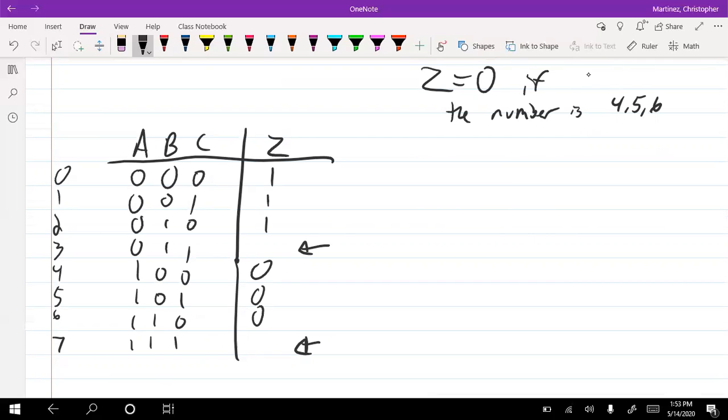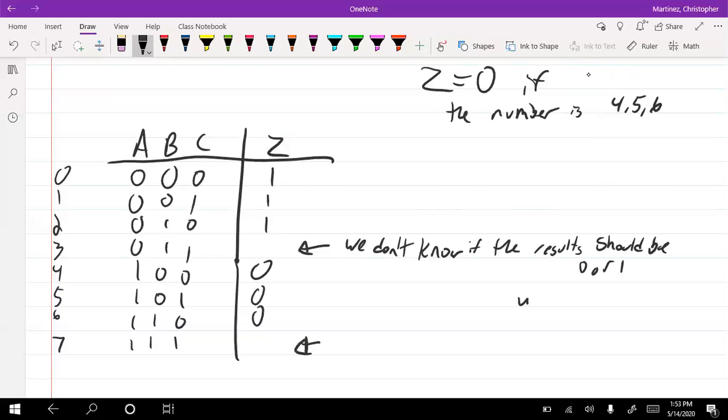Well, in here, we do not know if the result should be 0 or 1. So what we can say is if we don't know what it should be, we don't care about the result.